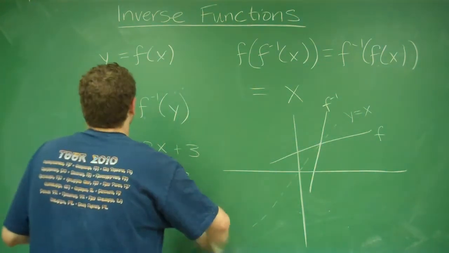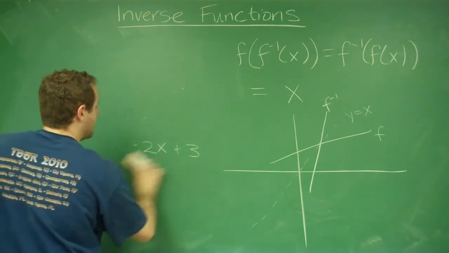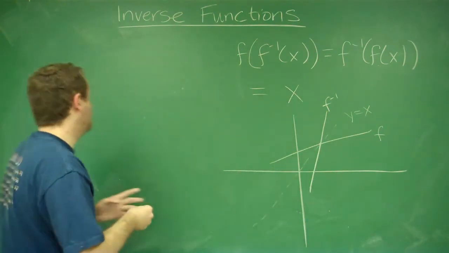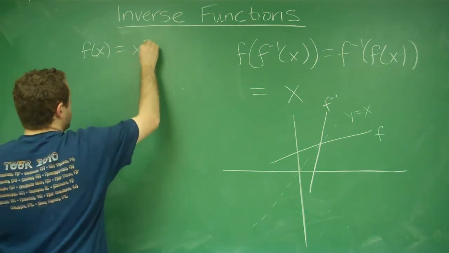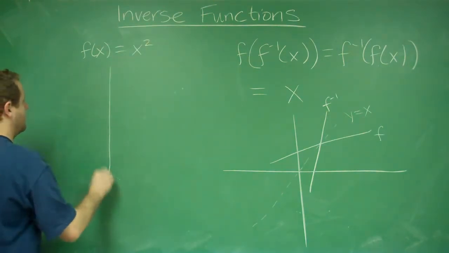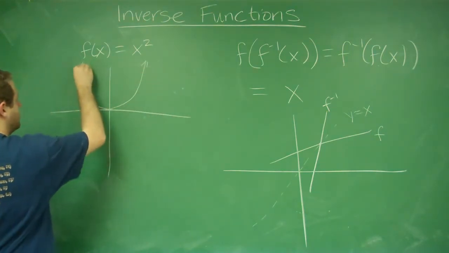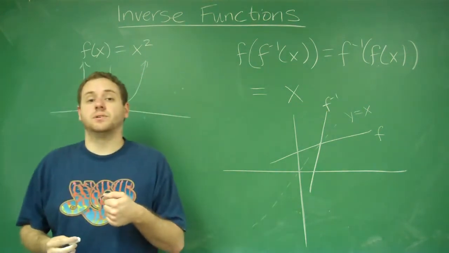Now, let me get to something a little bit tricky about inverses, and that is that some functions do not have inverses. So, let's look at a really basic function that doesn't have an inverse. f of x equals x squared. Looks like our parabola. Let's see why this doesn't have an inverse.